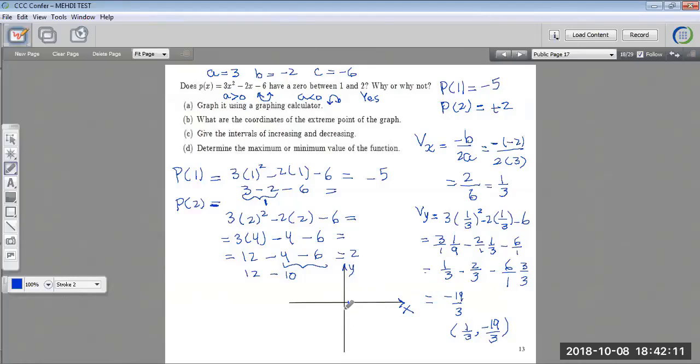So if you come down to about 6.3, somewhere around here, this would be my lowest point. You can actually find your x and y intercepts if you like, but the rough graph would be somewhat like that.